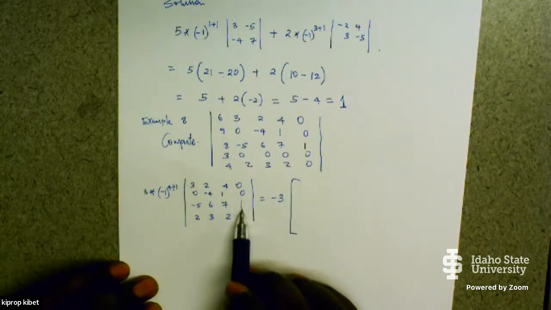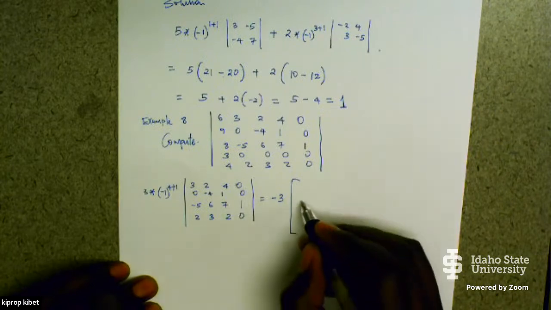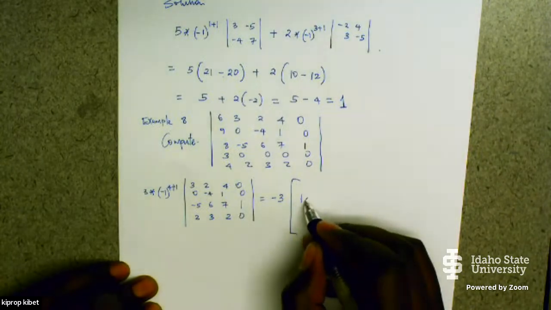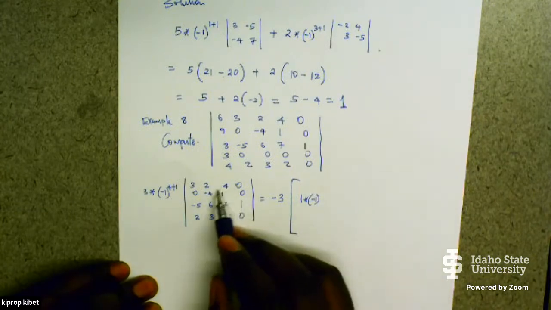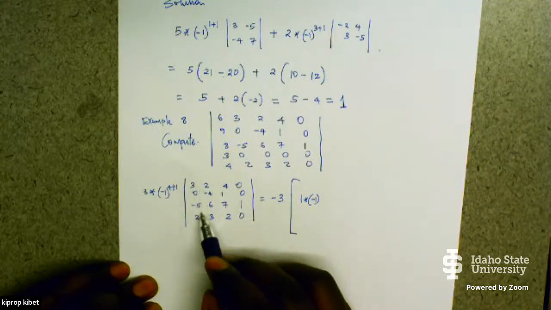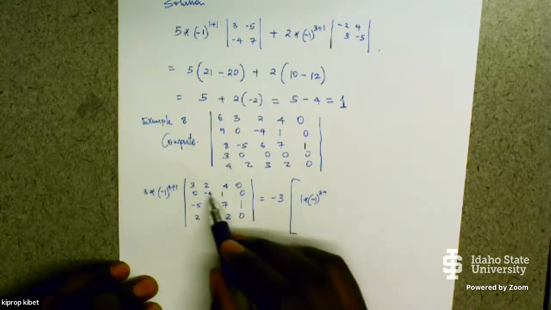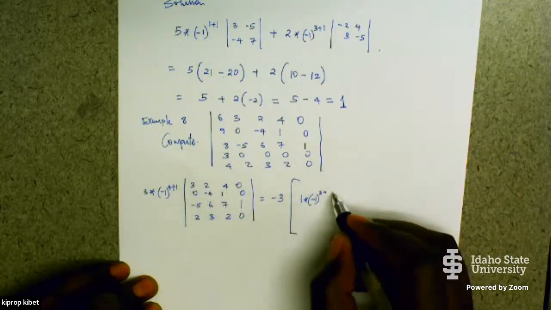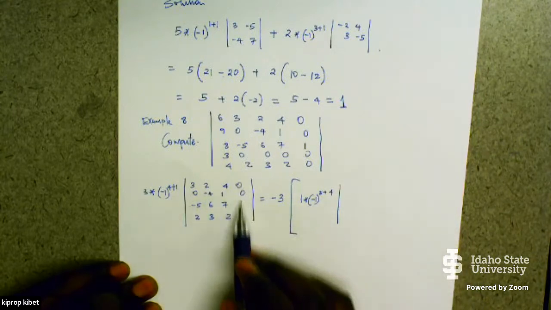Now we reduce this one again. We use the fourth column here. So 1, and then multiply by minus 1 raised to the third row, the fourth column there. And then the determinant of, we delete this and that.